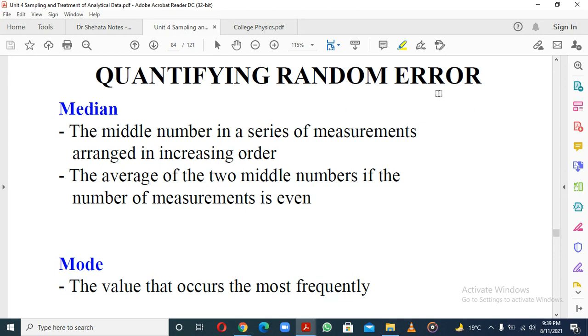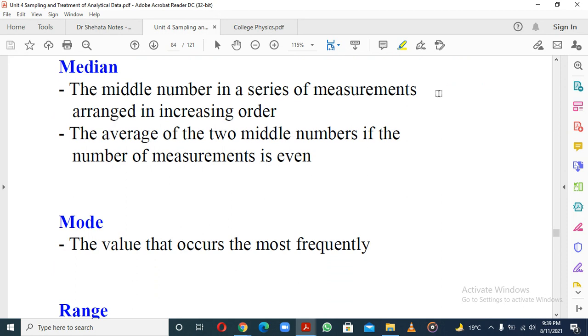So you add 3 and 4, then divide by 2. You simply find the average of the two middle numbers if the measurements are even.